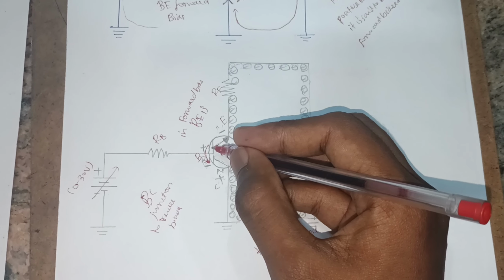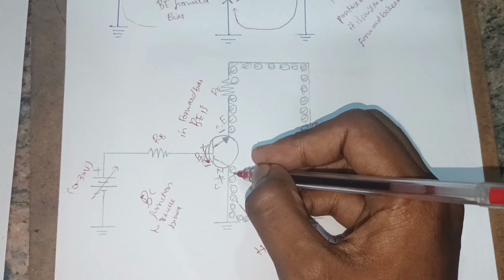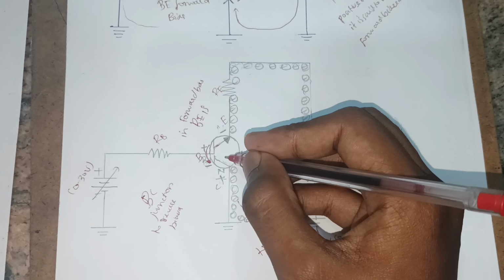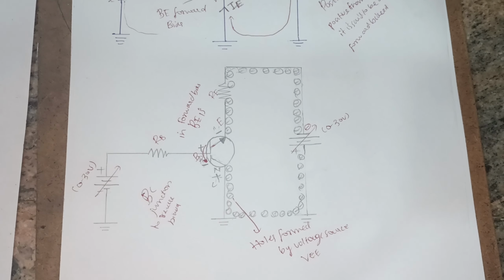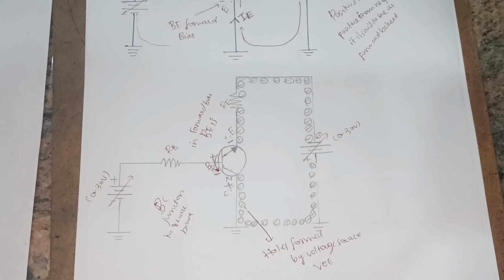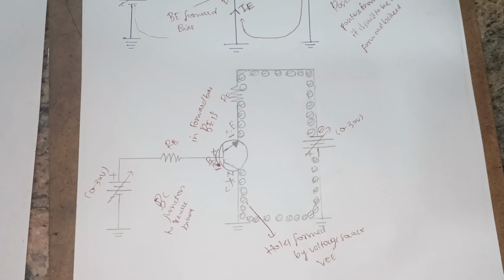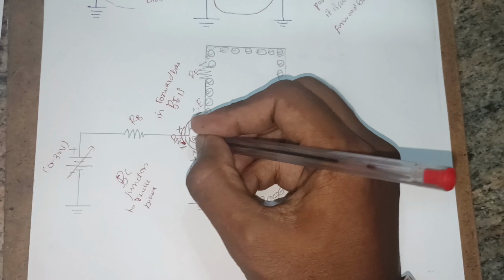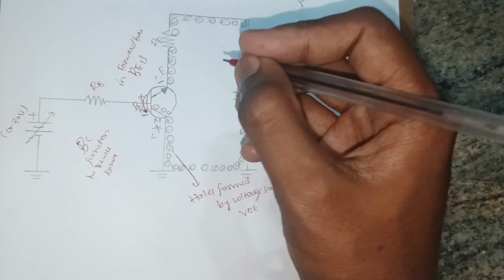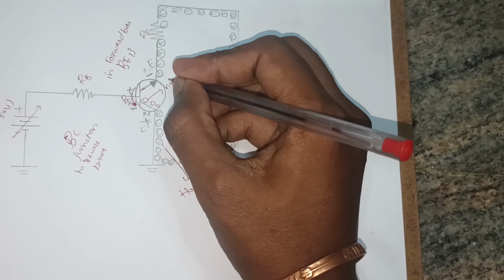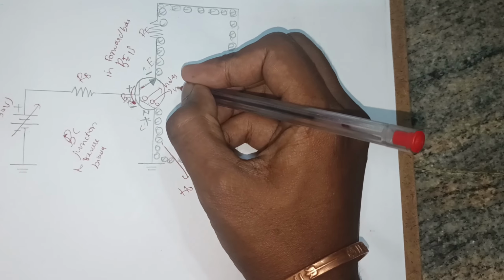and from here the negative region becomes positive, because the electrons will move from there, so there will be an empty space. Empty space is said to be positive. So these are holes, and these are positive.